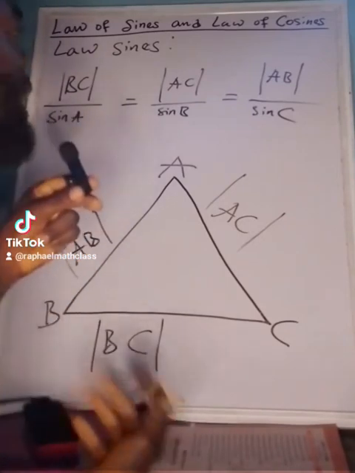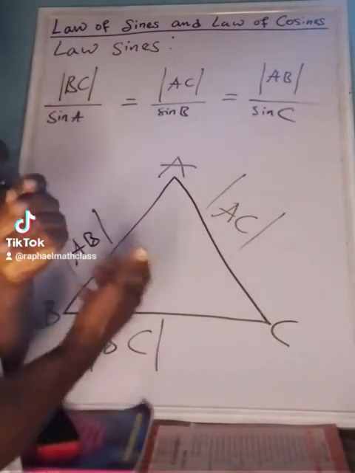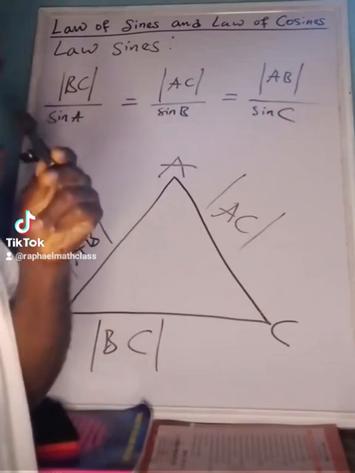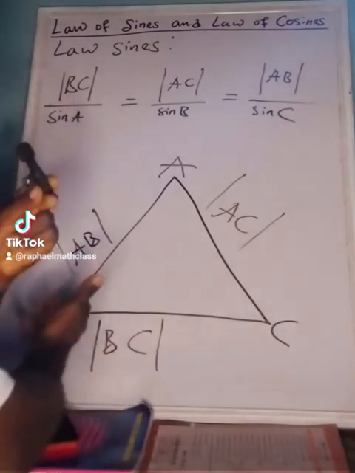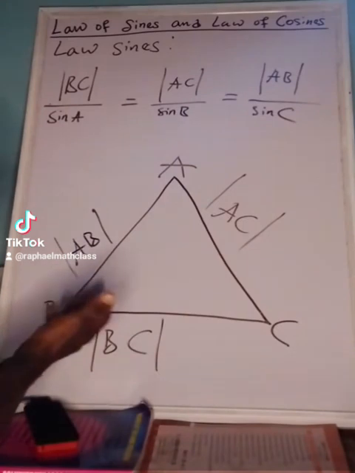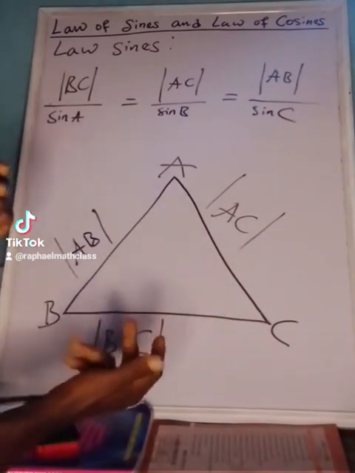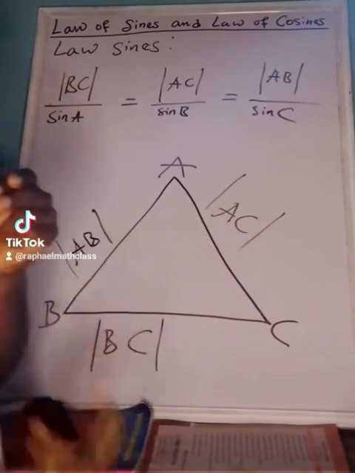For such triangles, you cannot use SOHCAHTOA to solve the problems because you don't have angle 90. So no opposite side, you understand? No side that will be what? Hypotenuse. It is the side that is opposite angle 90 that is the hypotenuse.